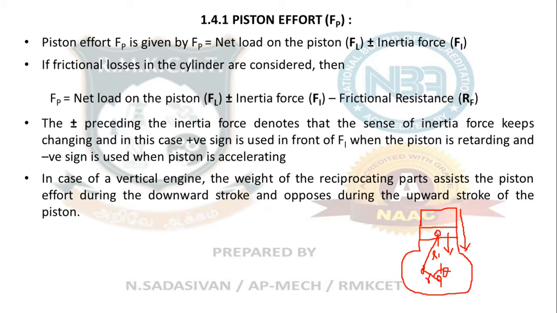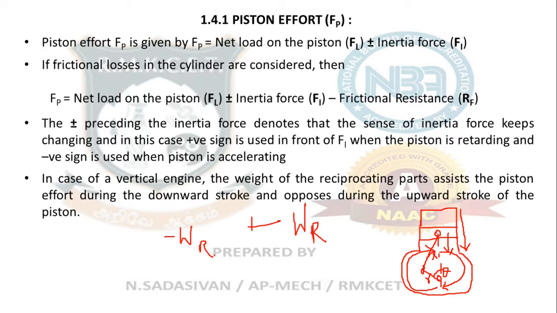So in such cases, I will put a plus symbol in front of the weight of the reciprocating parts, plus WR. For the first half of the cycle, the weight of the reciprocating parts will help you because of the downward movement. For the remaining half of the cycle, when the piston is moving from bottom to top, gravity will not help you. Therefore, you have to put a minus WR. Clear?